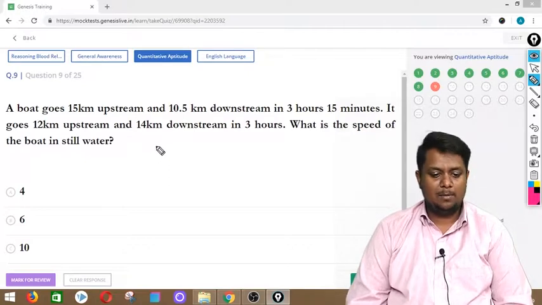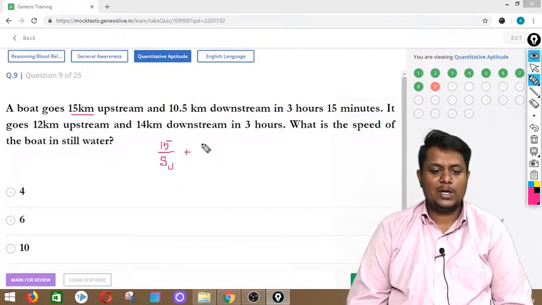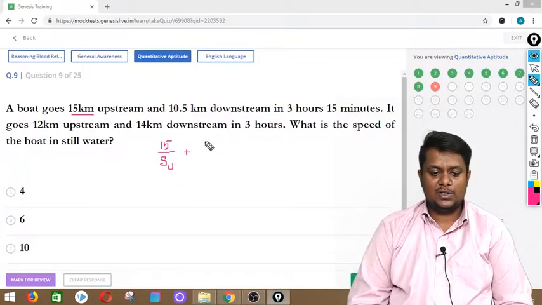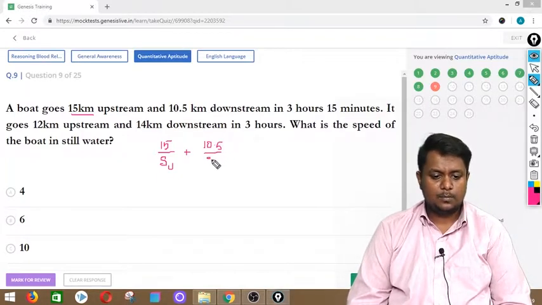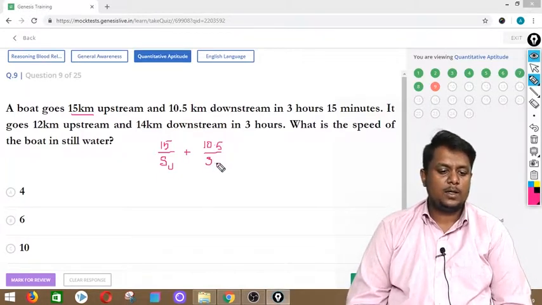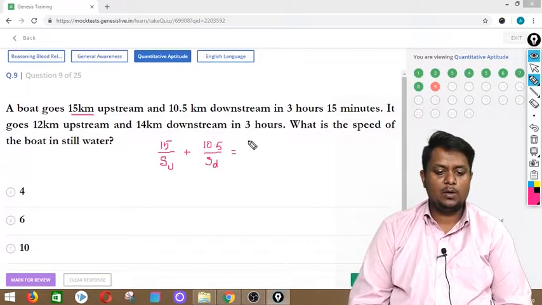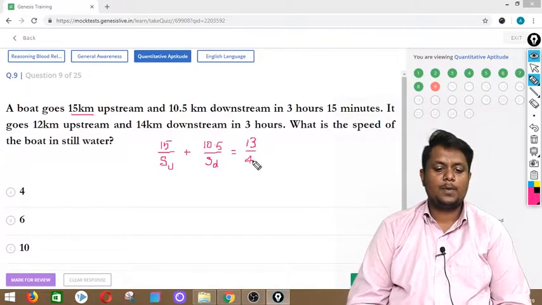Time taken upstream is distance covered upstream, 15 kilometer, 15 by speed upstream, plus time taken downstream, distance traveled downstream 10.5 divided by speed downstream. This is equal to 13/4.